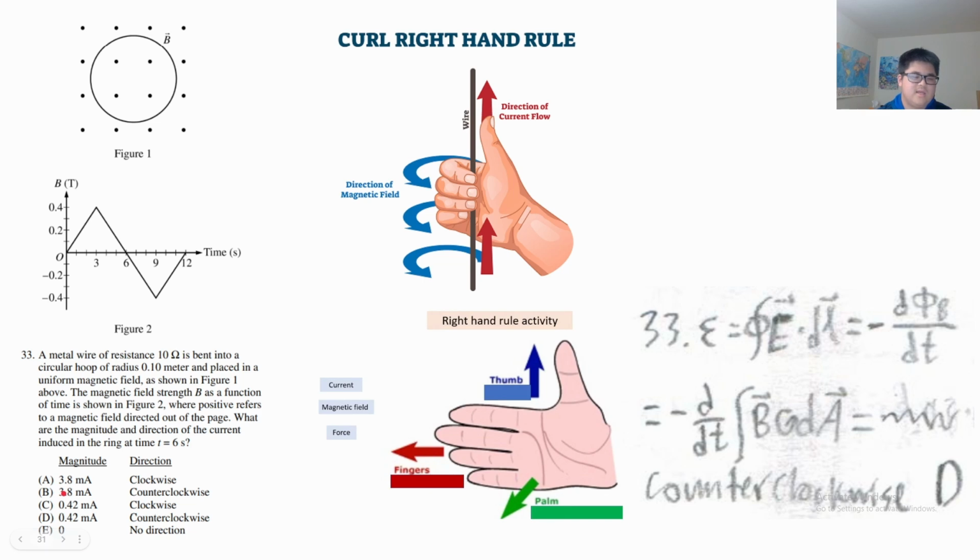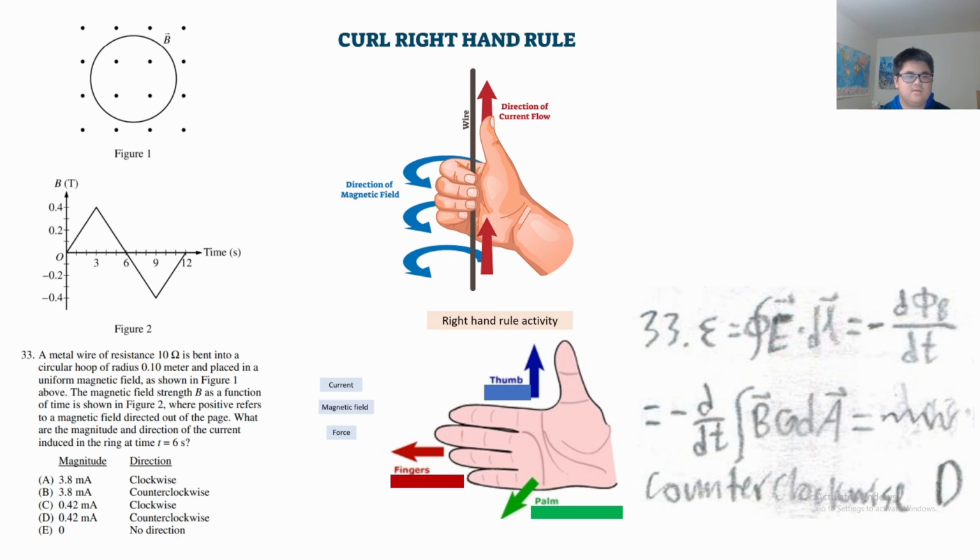Answer B says that the magnitude is 3.8, but it cannot possibly be that high, because the change in the magnetic field is very small. The slope of this line from 3 to 6 is negative 0.4 over 3.